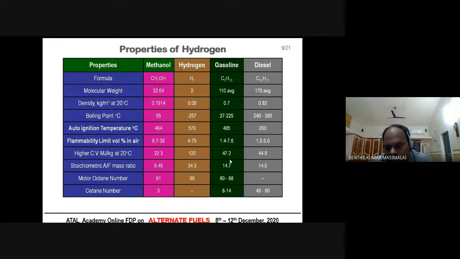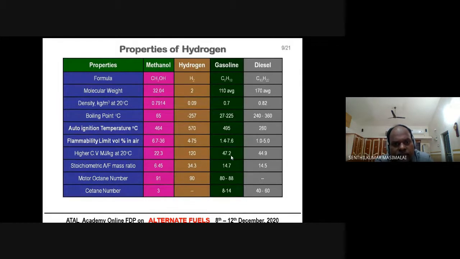So these are all the things about combustive properties. Hydrogen has unique properties: I already told you, widest flammability limit, highest flame speed, highest energy content, highest auto ignition temperature. Almost all the important properties are unique.